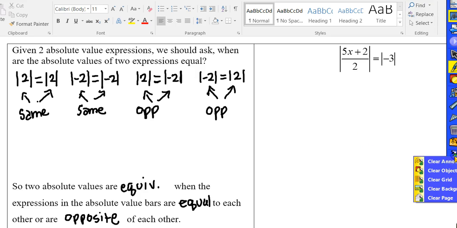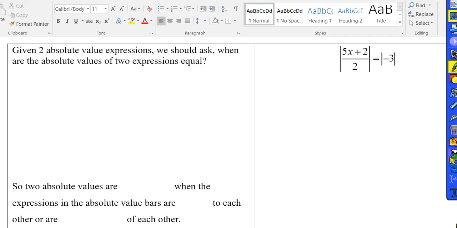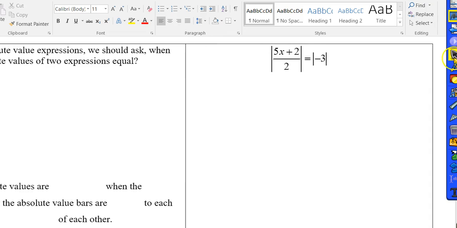Okay? So we're going to move over to window 2, and we're going to put this into practice. This is just more of what we did yesterday, so it shouldn't be too difficult. We try to keep them separated. We'll solve one on the left and one on the right. The first time we solve it, we're going to keep them exactly the same, so whatever is inside the left will be what is inside the right.